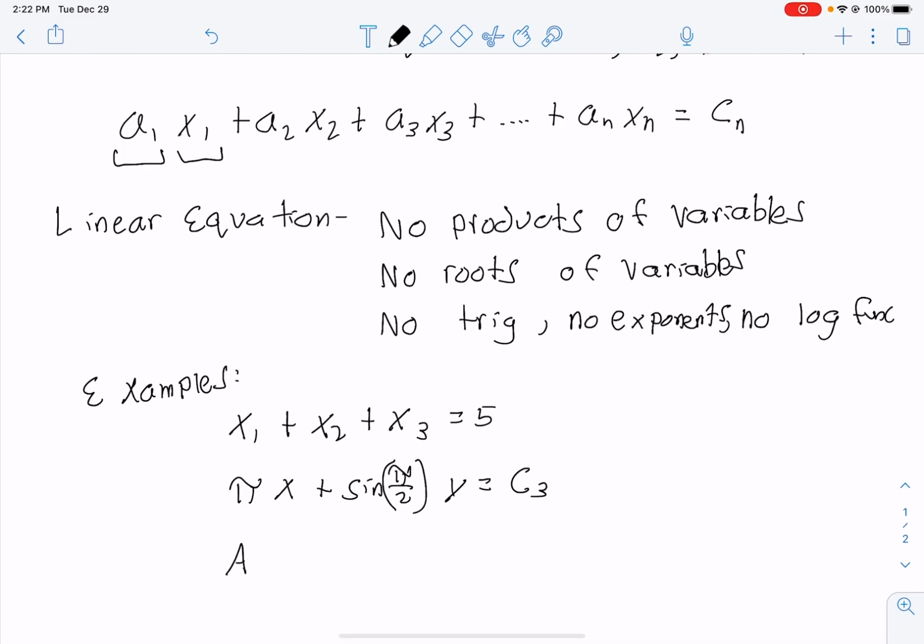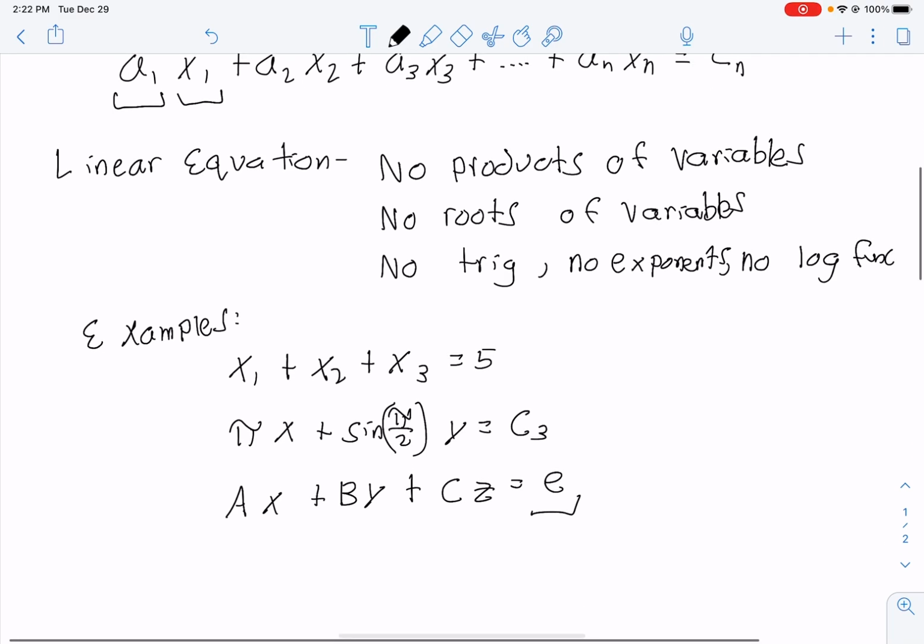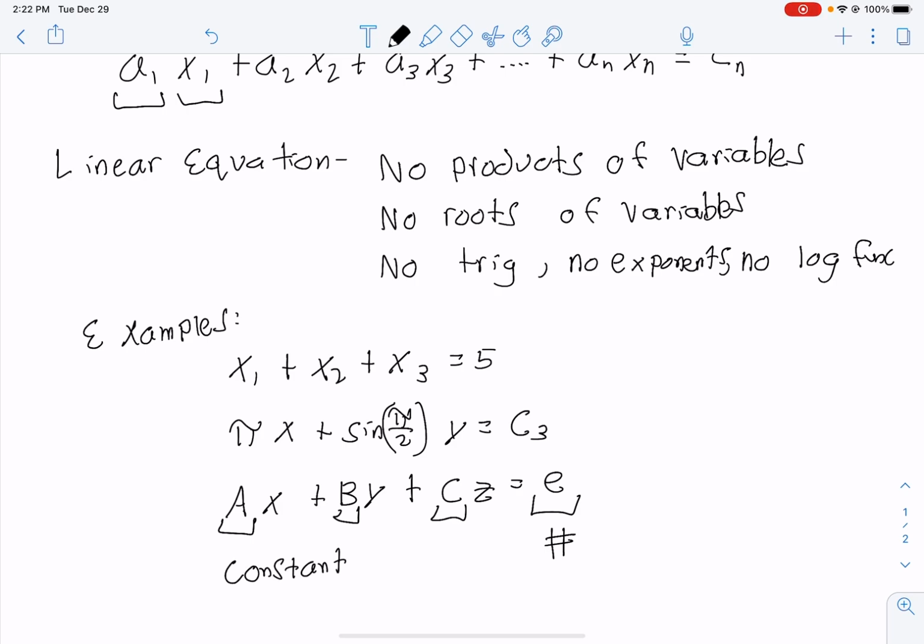Or I could say something like ax plus by plus cz equals 2e. So e is a number, and a, b, and c are constants, and that is how this is a linear equation as well.